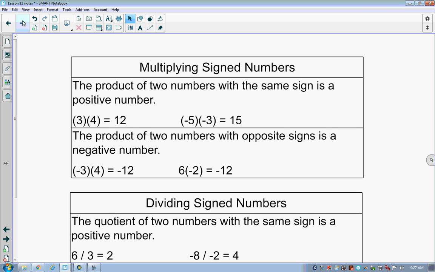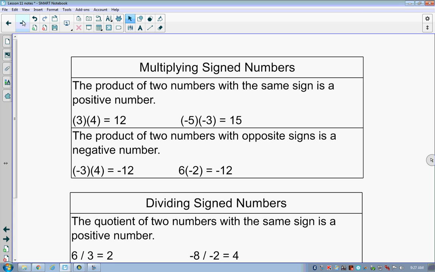Then we get down to multiplying opposite signs. What is a negative times a positive? A negative. What is a positive times a negative? A negative. So if I ever multiply two numbers that don't have the same sign, it will always be negative. Okay?